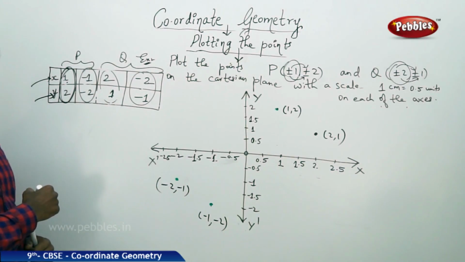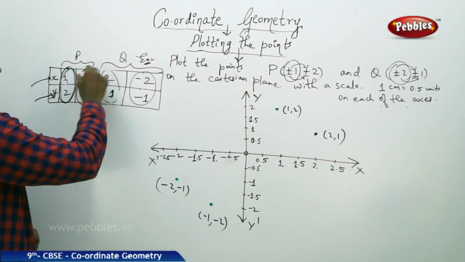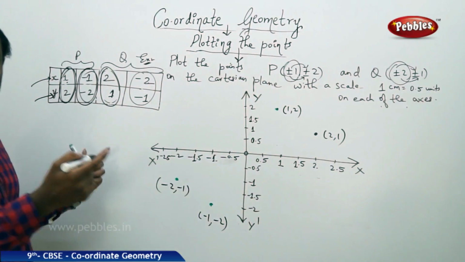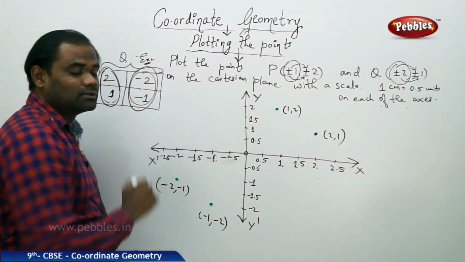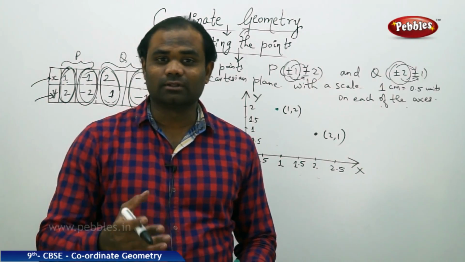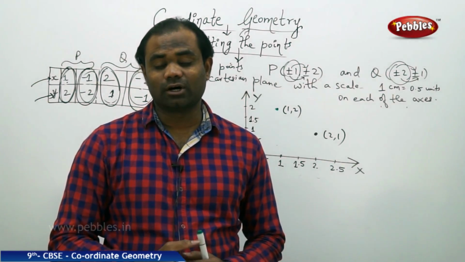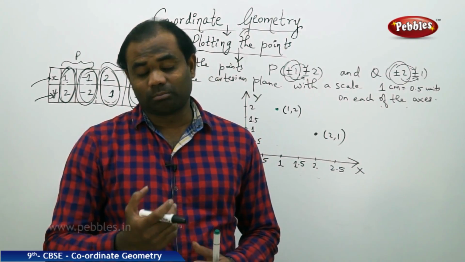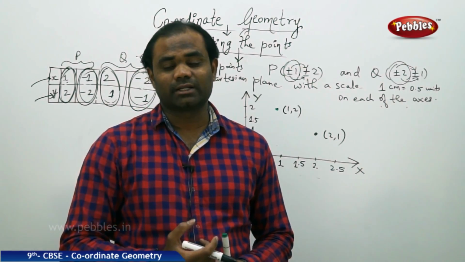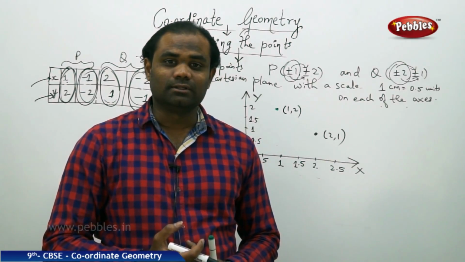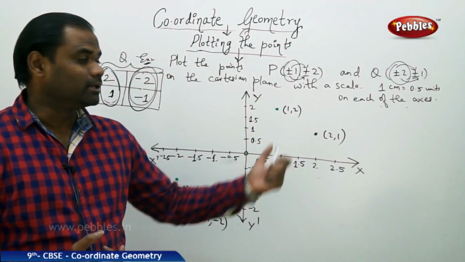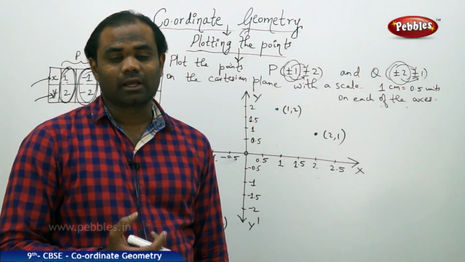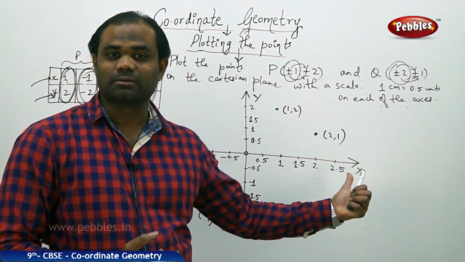The first pair gives the first point, the second pair gives the second point, the third pair gives the third point, and the fourth pair gives the fourth point on the Cartesian plane. This is how we understand the plotting of the points on the Cartesian plane using the concept of the scaling process.